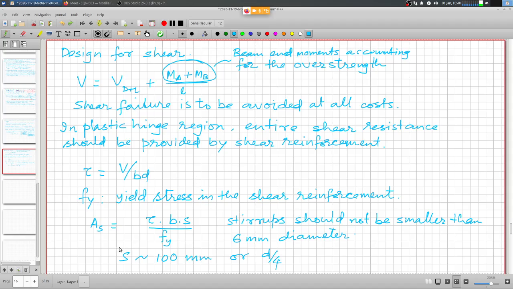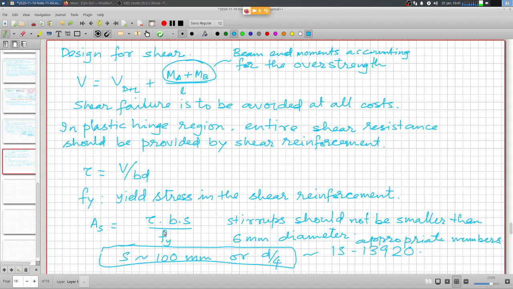These are approximate numbers. You can find the appropriate guidelines in IS 13920. Right, and this has to extend over the plastic hinge region. As we discussed, the plastic hinge region would be about 2 times the effective depth. That's the region for which this kind of special ductile detailing has to be adhered to.